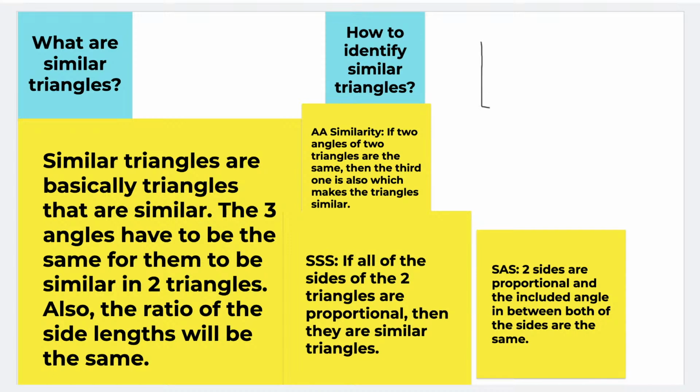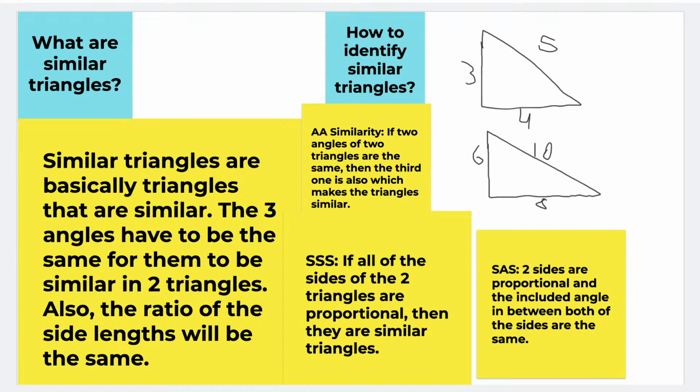Pretend this is one triangle, which is a 3, 4, 5 right triangle, and then there's another one, which is a 6, 8, 10 triangle. We know that these are both Pythagorean triples, so this is a right angle. Pretend this angle is congruent to this one. Pretend it's 60 right now, and this is 60.